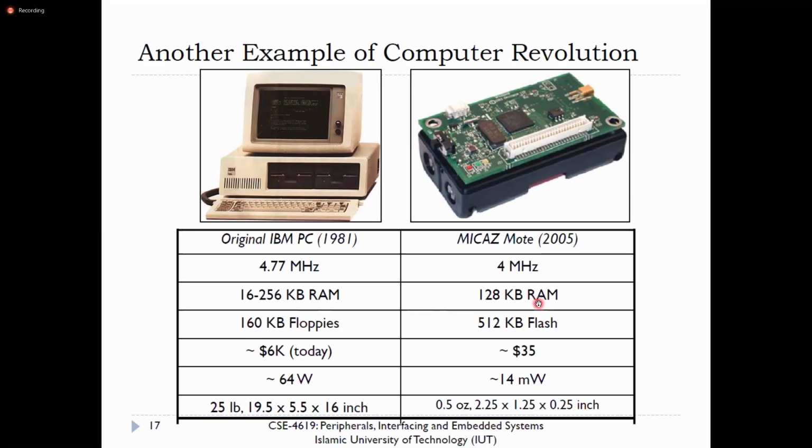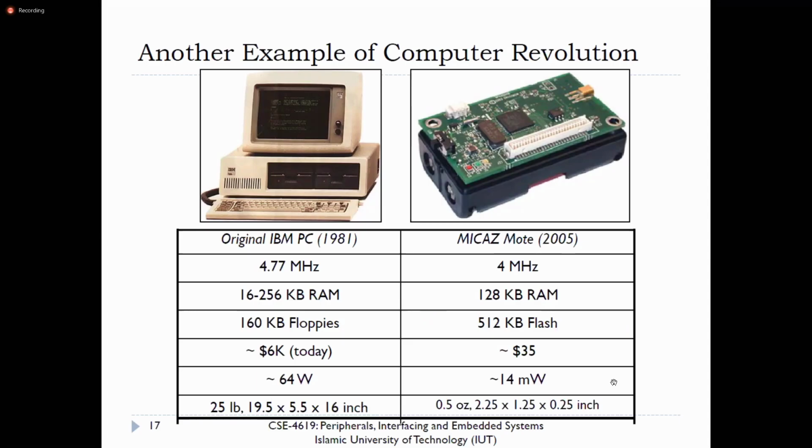Whereas this device has 512 kilobytes of flash, and nowadays more flash memory can be incorporated. I'm talking about 2005. The power consumption of the PC is 64 watts, whereas the mote requires only 14 milliwatts.